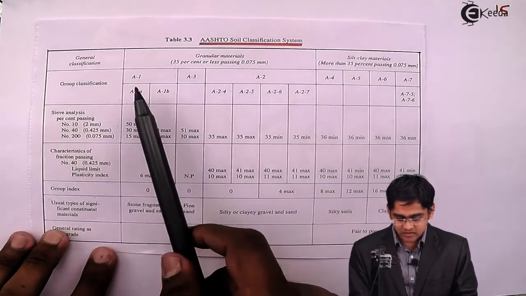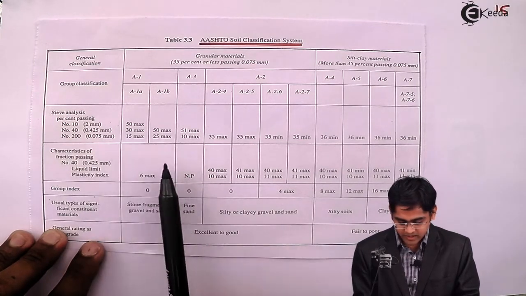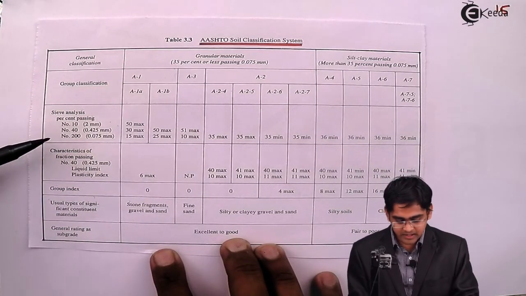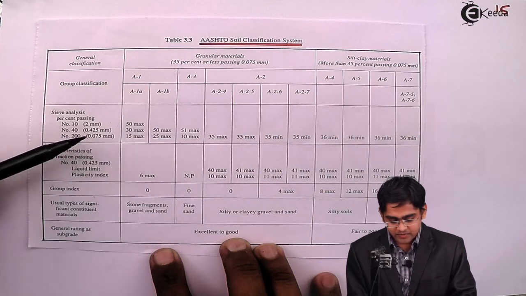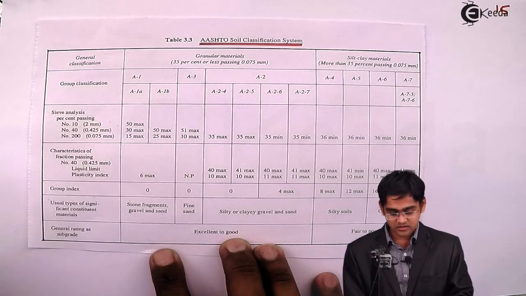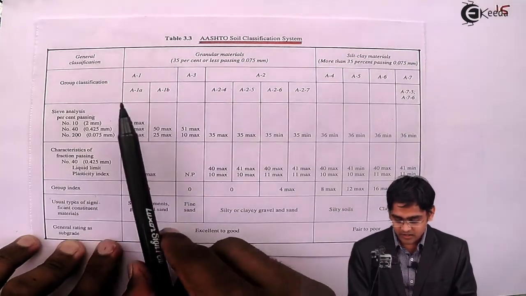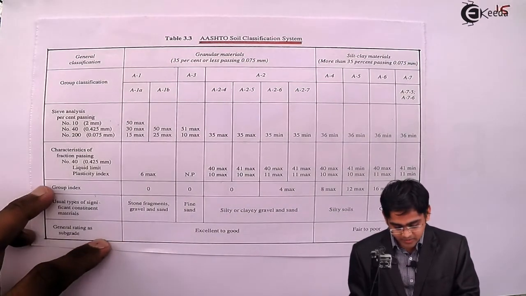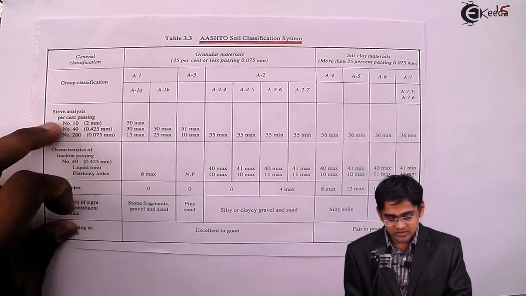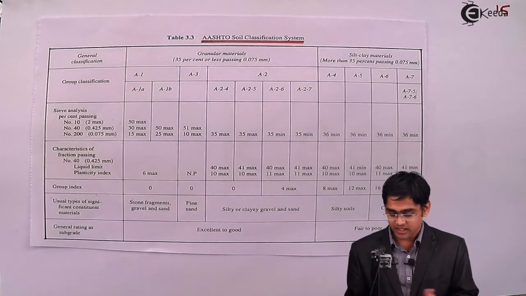We call it group A1 when all the conditions listed here are satisfied. First of all, percentage passing has to be restricted to maximum 50, maximum 30, maximum 15. Similarly, for all these classes we have a number of constraints, and based on these constraints we classify a soil based on the group index as well as liquid limit, plasticity index, and sieve size, that is, how much of the particle is passing or retained.